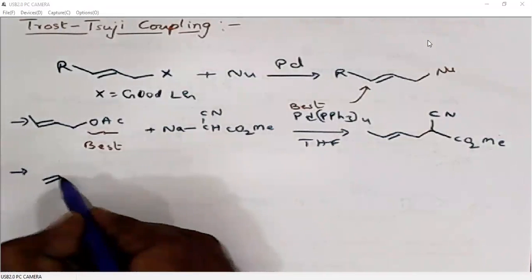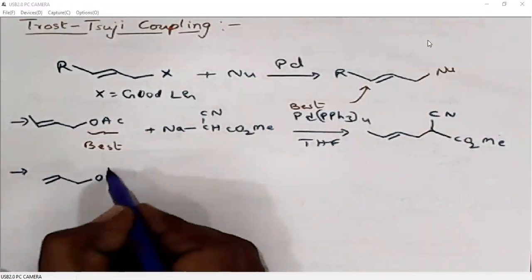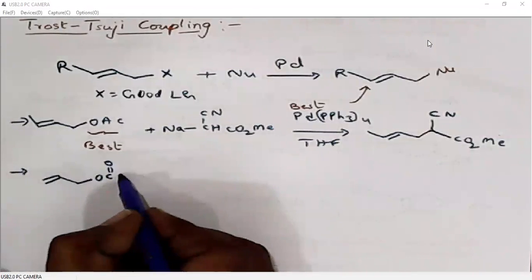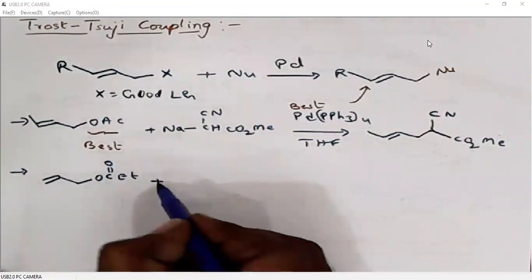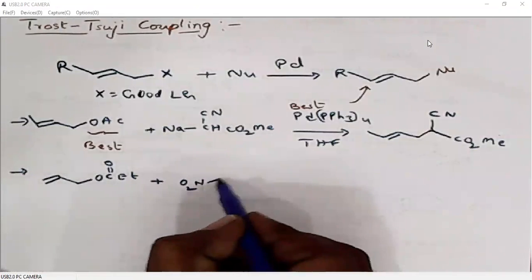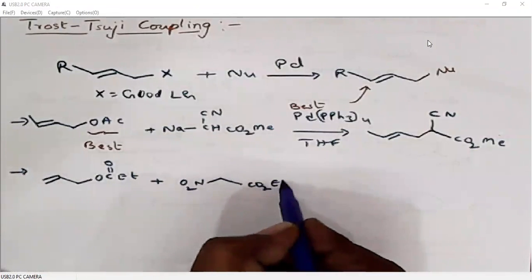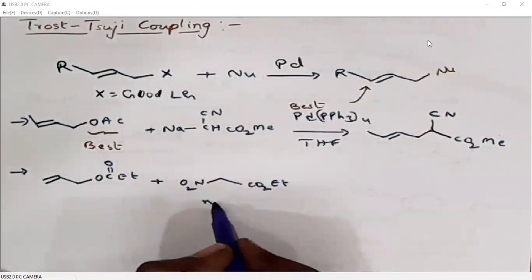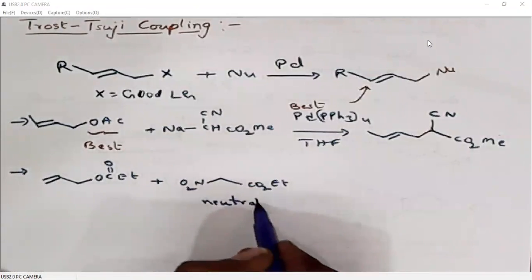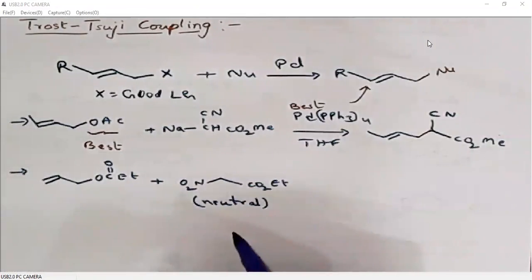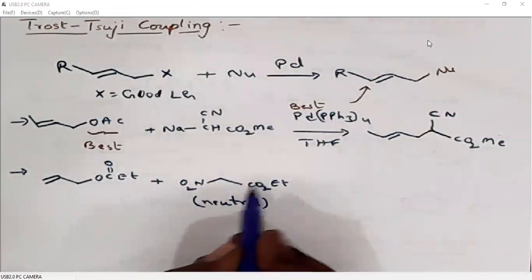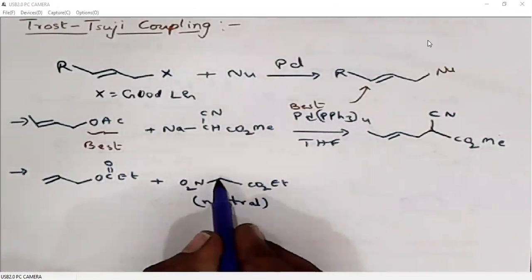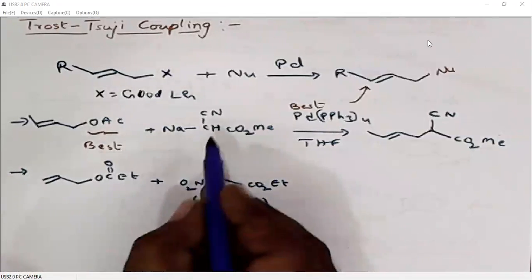I'll give you some practice problems. This is a neutral condition. It is not a perfect nucleophile, but it is a neutral nucleophile, because these two groups are strong withdrawing groups. So we can easily pick up the proton here. Under the reaction conditions, the nucleophile will be generated, but we are not taking the nucleophile like this.